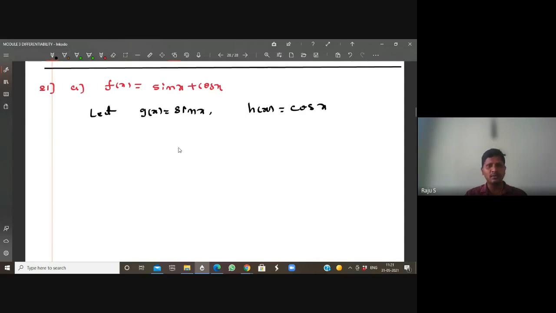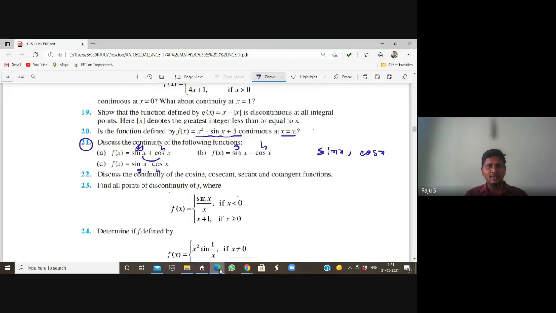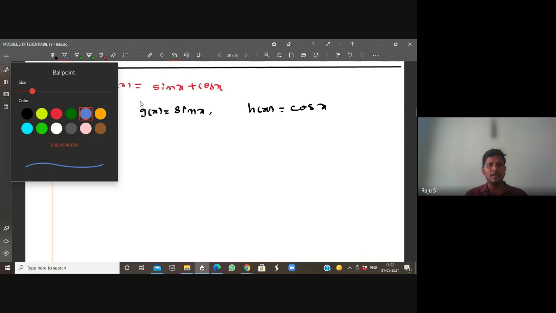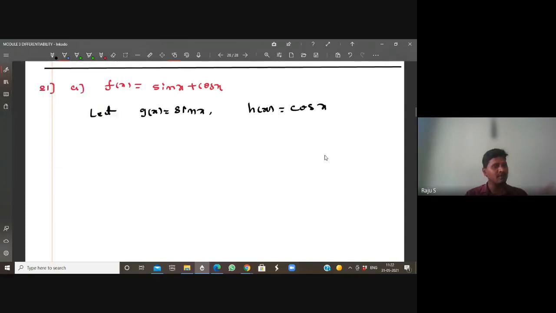For that, what to do? Is it continuous on the entire interval or not? I want to check that sin x is continuous, because with the help of the graph we know very well that sin x is clearly continuous from minus infinity to plus infinity. There is no break. It is a sine wave, right?